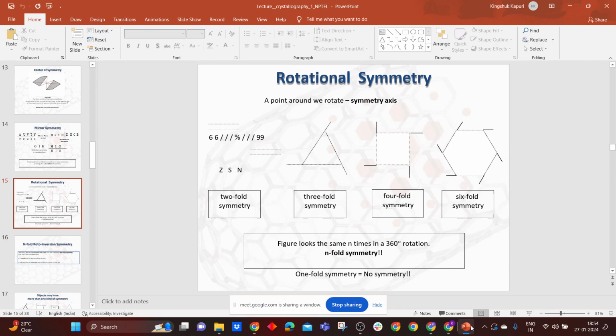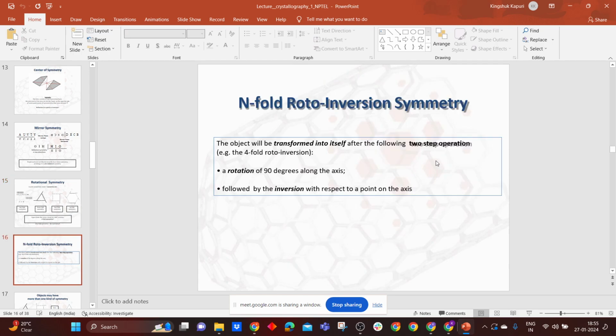So as I was talking previously about the symmetry axis, a triangle is a threefold symmetry axis representation. A square is a representation of the fourfold symmetry, and a hexagon is a representation of the sixfold symmetry. Now, there is also a term called the roto-inversion. What is a roto-inversion?